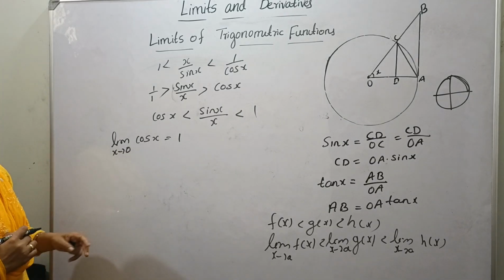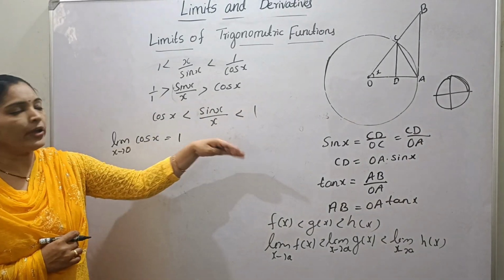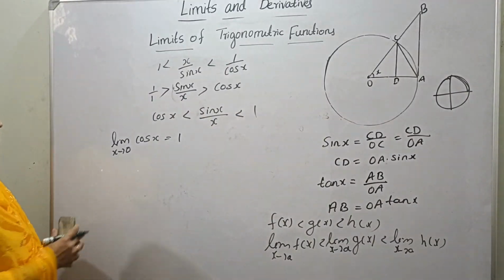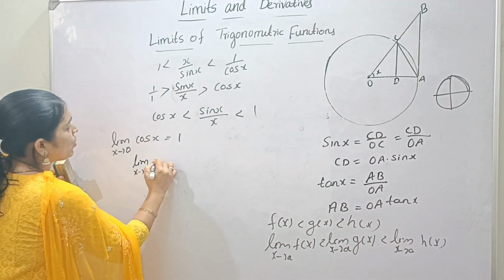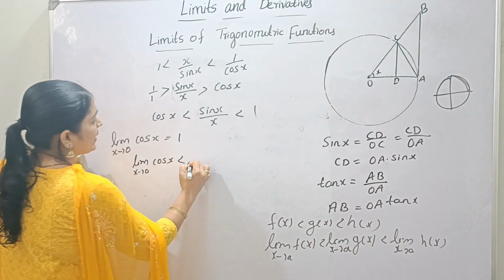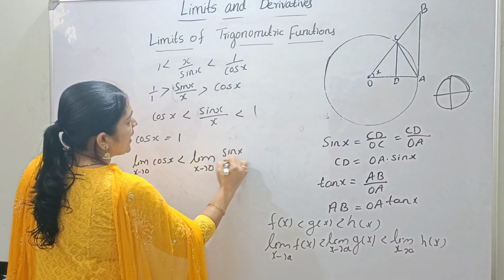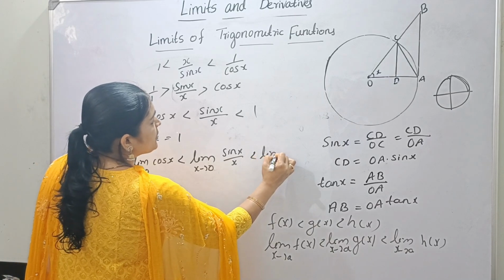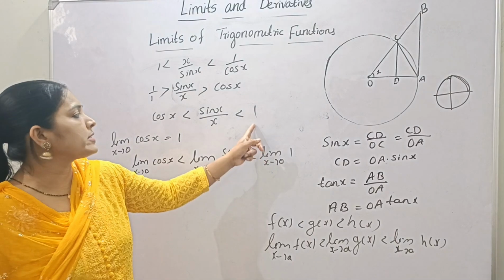So here let us take the limit for this inequality. The limit as x tends to 0 of cos x is less than the limit as x tends to 0 of sin x by x, which is less than the limit as x tends to 0 of 1. It is 1 itself, because it's a constant.